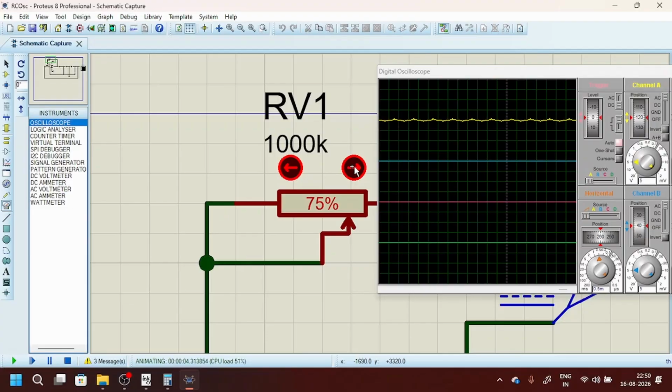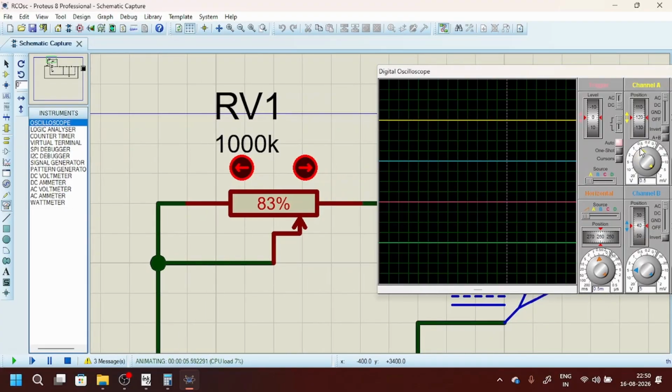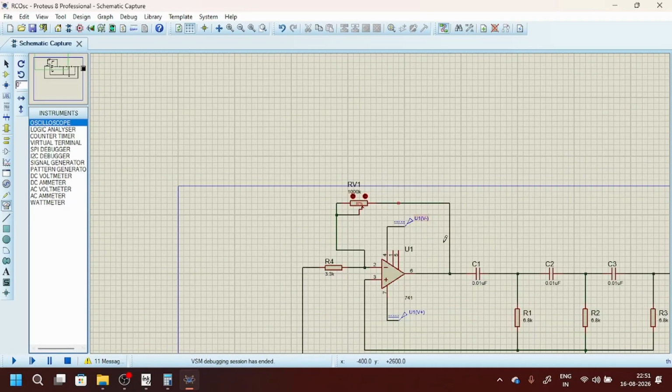You are getting the output, but it's not a proper output. Okay, so we have to do some changes here.